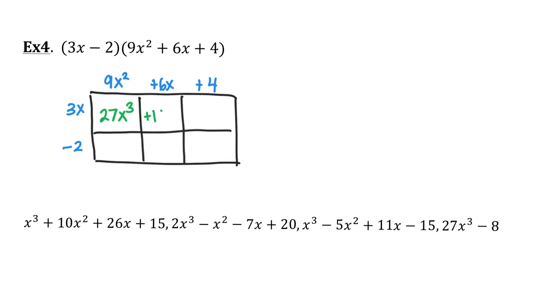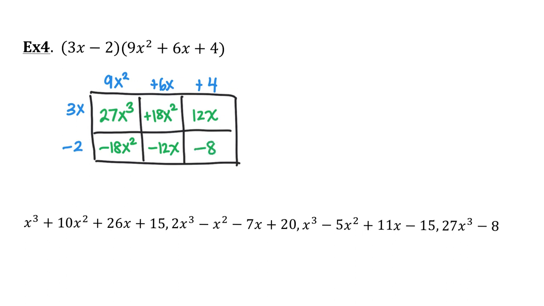I like to put a plus. 3x times 4 is 12x. Okay, and then I'm going to go here. Negative 2 times 9x to the second is negative 18x to the second. Negative 2 times 6x is negative 12x. And negative 2 times 4 is negative 8.